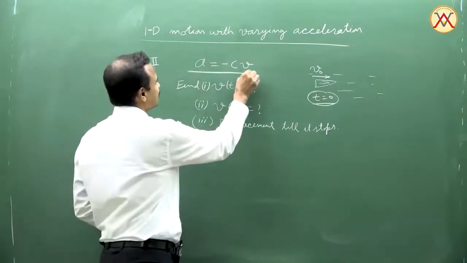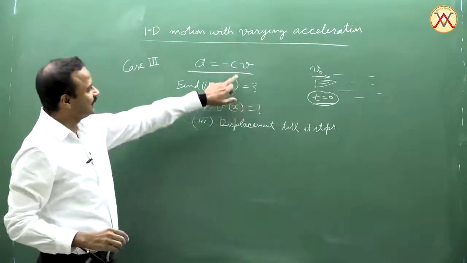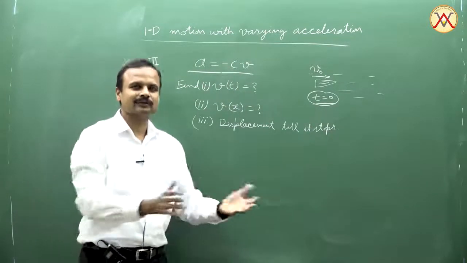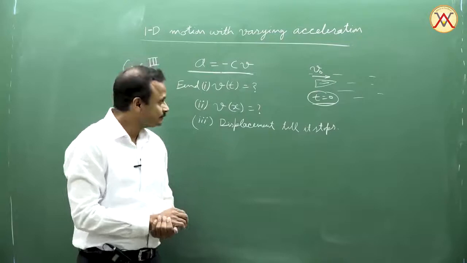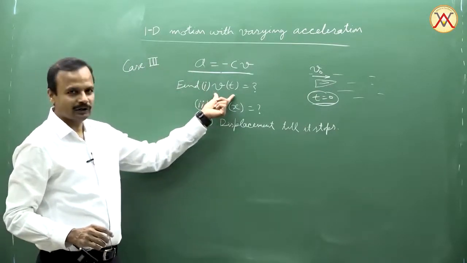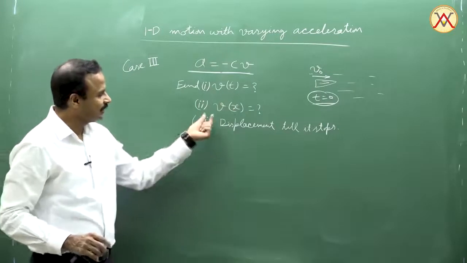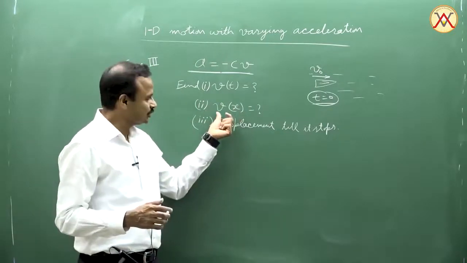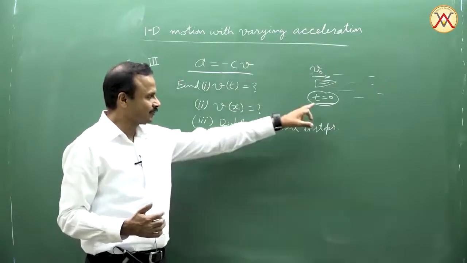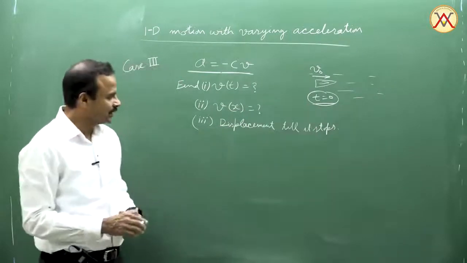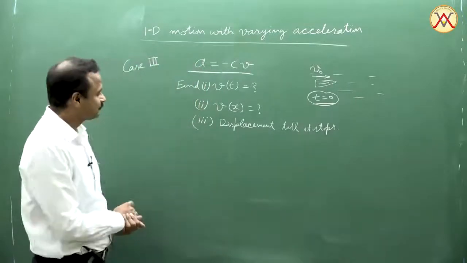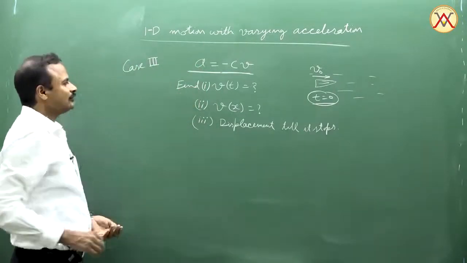The acceleration after it has stopped is given by minus cv, negative, so that its velocity is decreasing.